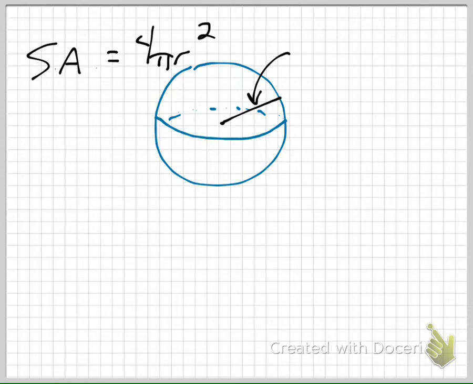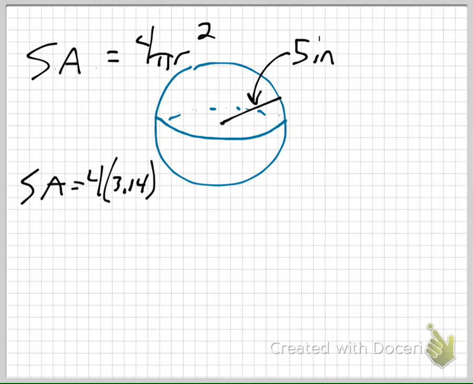So, is that hard? No. So if this is 5 inches from here to here, say it's a basketball, 5 inches, there's a ball here, okay? 5 inches, you go the surface area equals 4 times pi 3.14 times the radius 5 squared. You do 5 squared first, 25.